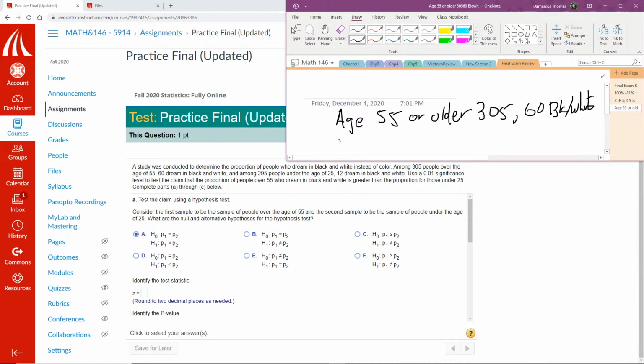Okay, and then we have age 25 or younger, 295. Out of the 295, 12 black and white.